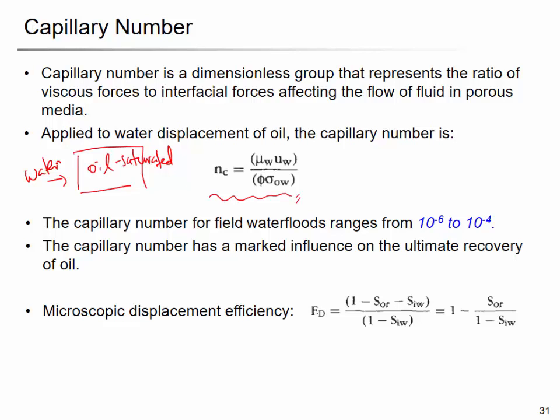And capillary number for the field water flooding in the reservoir ranges from 10 to the negative 6 to 10 to the negative 4. And capillary number has a marked influence on the ultimate recovery of the oil.